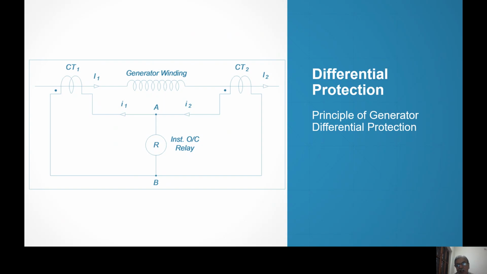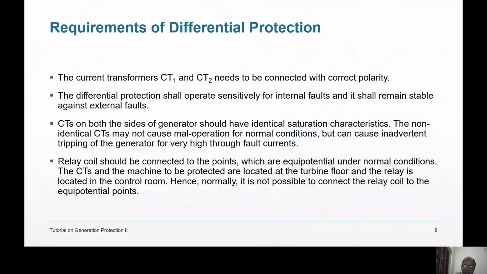Then one CT will be burdened more, because the lead burden will be more for one CT. And therefore the mismatch will occur, and there can be mal-operation once again. So you have to do something to stop the mal-operation for external fault.